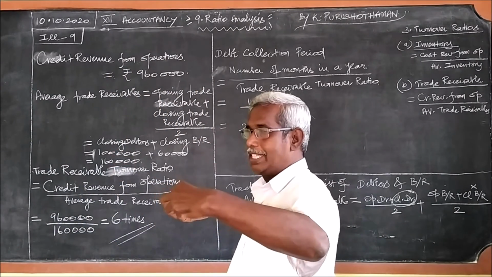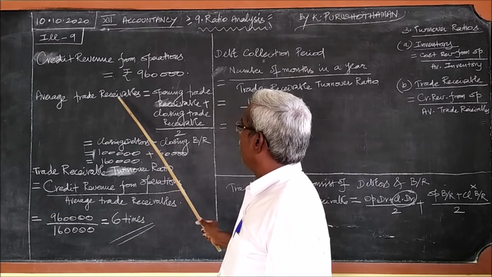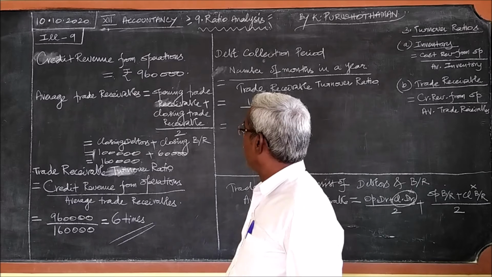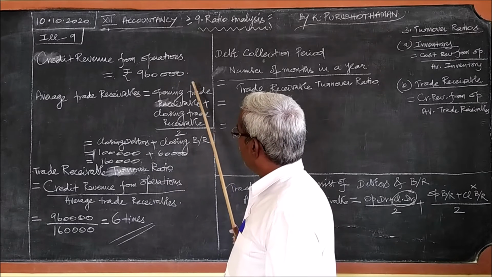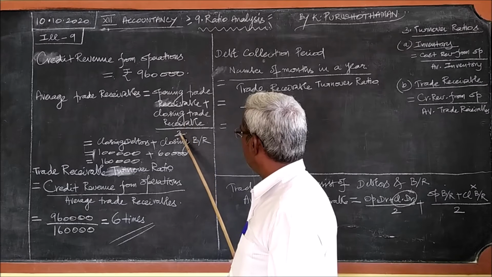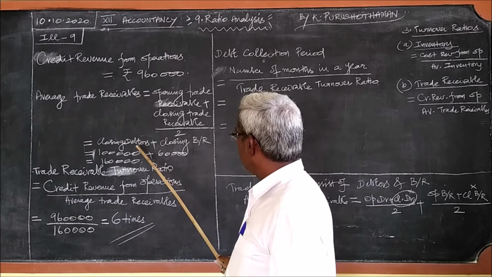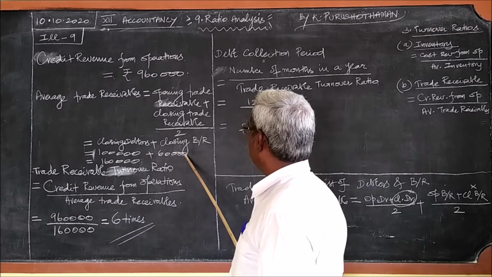You can write as it is given in the problem. Then the second one is average trade receivables. The formula given in the book is opening trade receivable plus closing trade receivable by 2. But when the amount is given, there is no by 2.